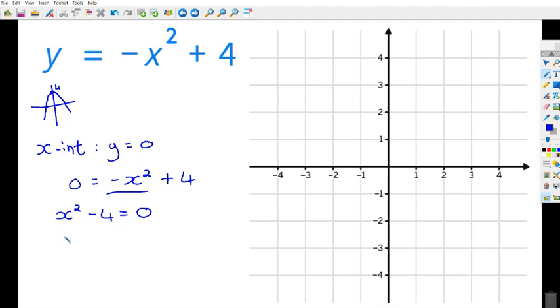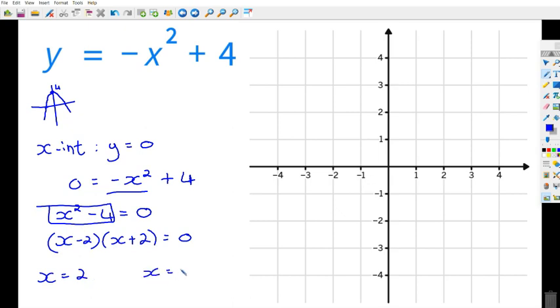Okay, so now I've got a difference of 2 squares. Here's my difference of 2 squares. So I've got x minus 2, x plus 2 equals 0. Therefore x is equal to 2, x is equal to negative 2, right?